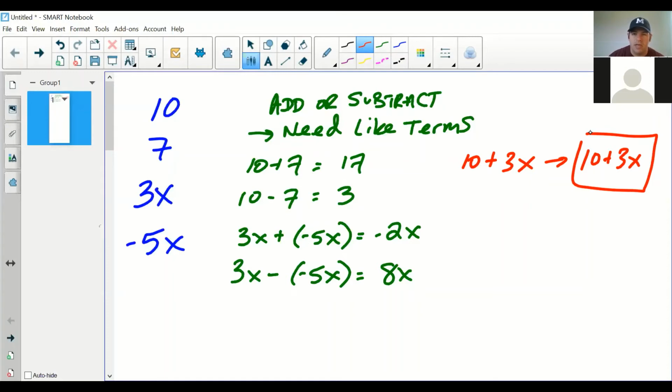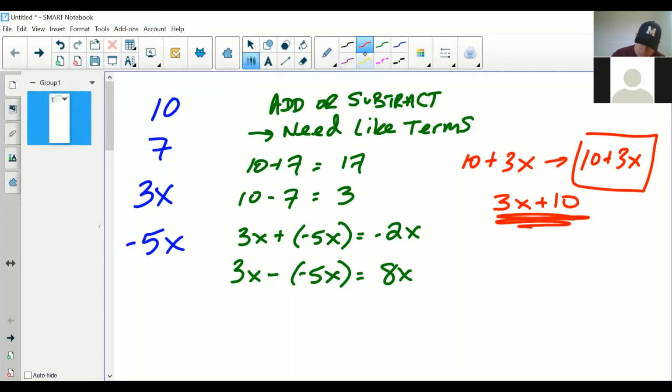Descending order is where we have our largest exponent with the variable on the left side, and we work our way down here. Since 10 is a constant, the constant is usually the last thing in descending order because technically its exponent is x to the 0 power. So if we wanted to make that look a little bit better, we could do 3x plus 10 and just put that constant off to the right side there and move the terms around.